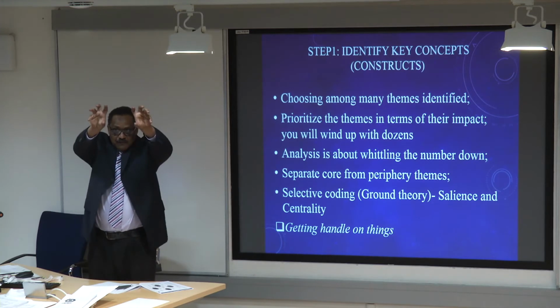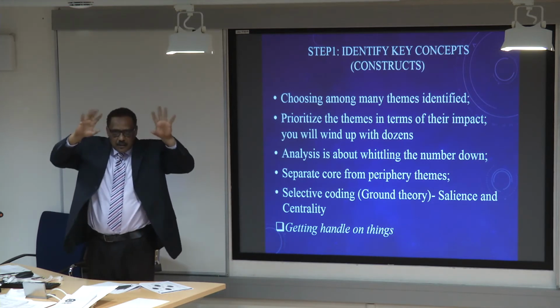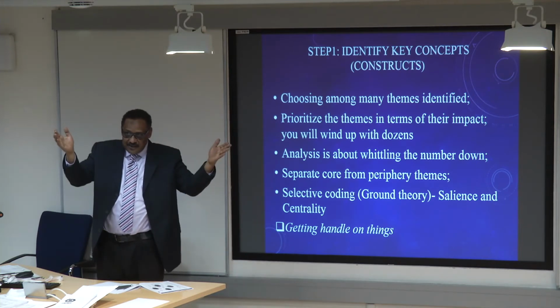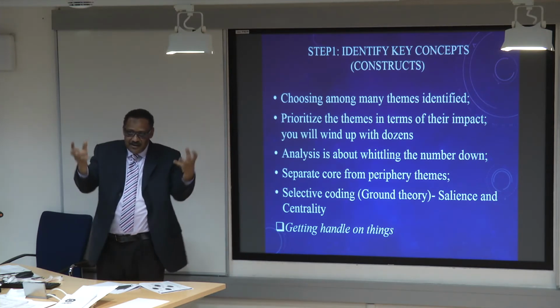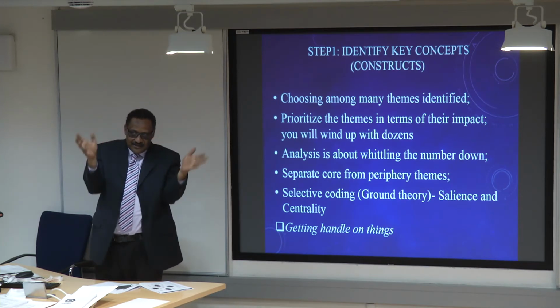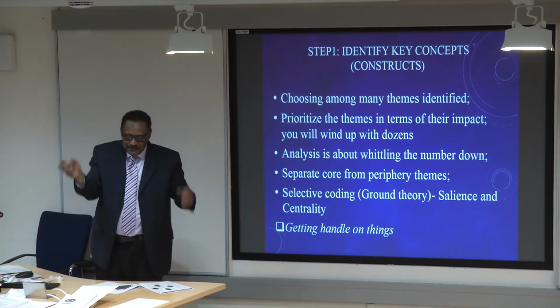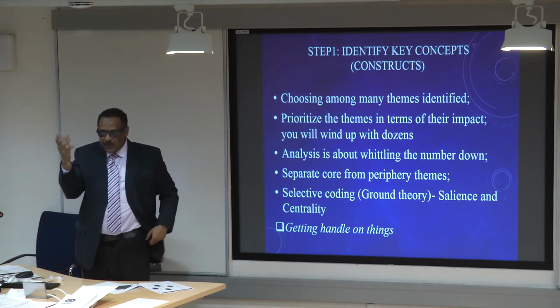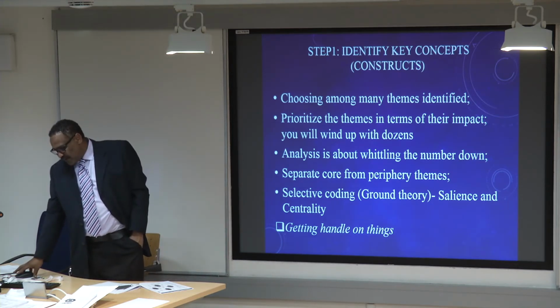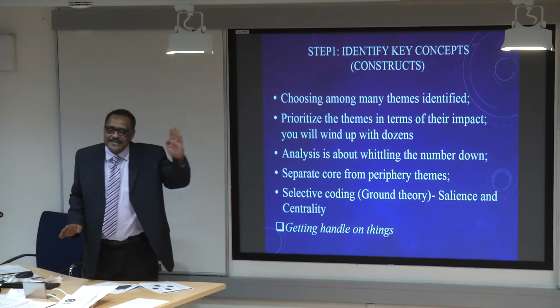Sometimes those are the core, like when we deal with central idea or main idea and supporting details. With a central idea, it is a theme and there are supporting themes or sub-themes. Yep. Selective coding, according to grounded theorists: centrality.